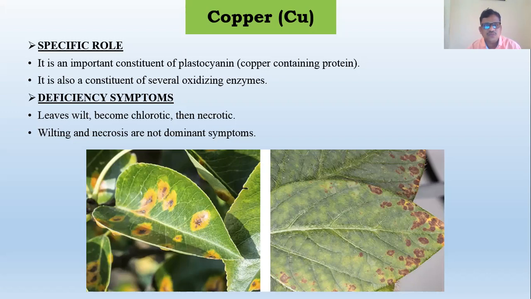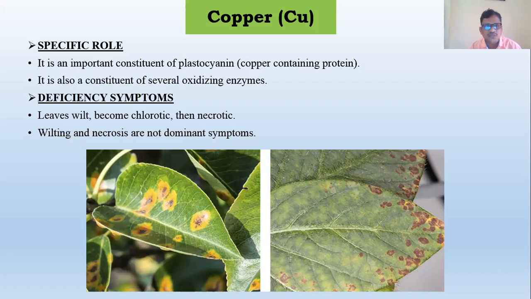Plastocyanin is a copper containing protein which is present in photosynthesis, specifically in photosystem one, where plastocyanin is one of the electron acceptors. So it has a very important role in photosynthesis.